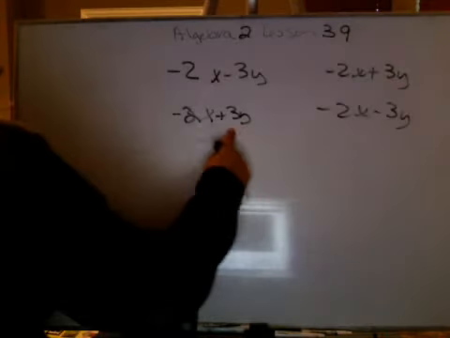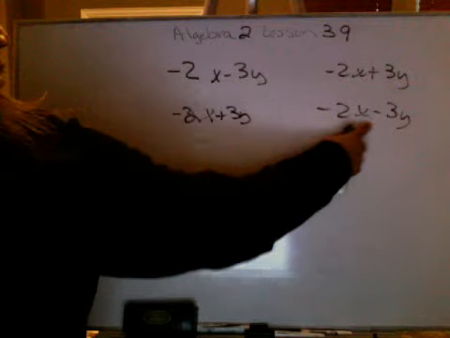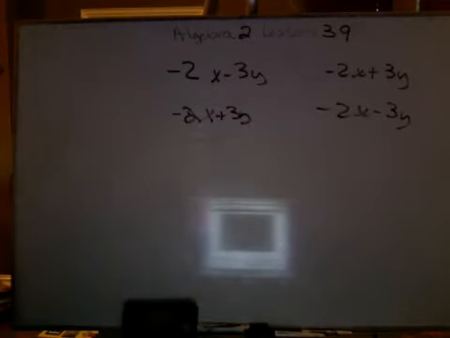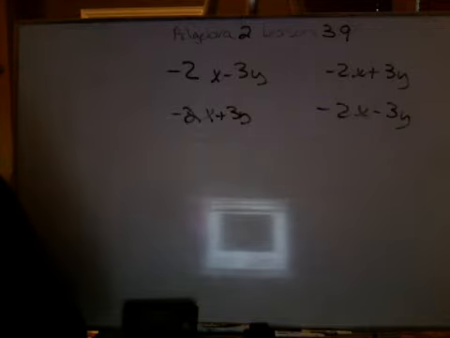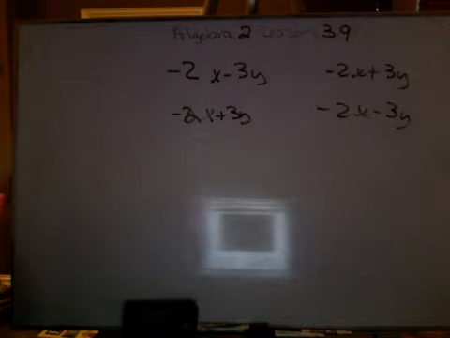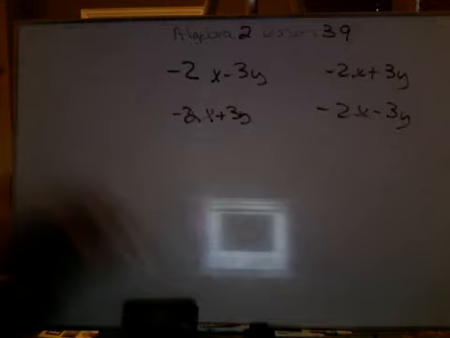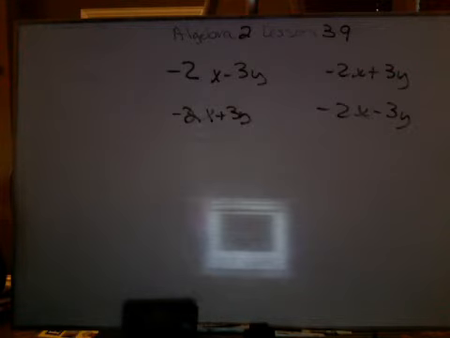Negative 2x plus 3y is the conjugate of negative 2x minus 3y. And it goes on to say 3x plus 4 is a conjugate of 3x minus 4, and 3x minus 4 is a conjugate of 3x plus 4. Now, when we multiply them, and I'm not going to write it all out, but if you look at the example on your page, you see that when you multiply them and you combine them, the middle term goes away.